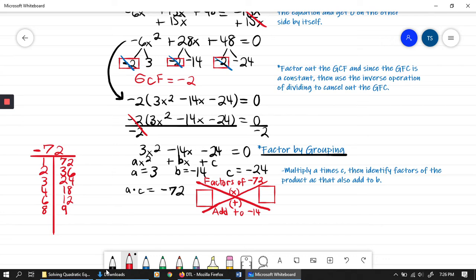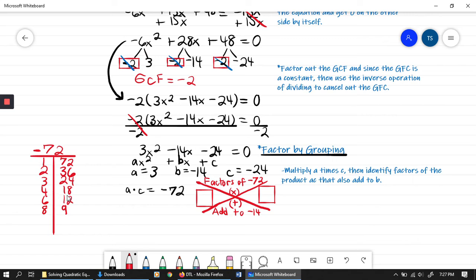So when we look at the difference between these numbers, the difference between the first pair is 71. The difference between 2 and 36 is 34. The difference between 3 and 24 is 21. The difference between 4 and 18 is 14. So we can see here that these two numbers, 4 and 18, will give us a difference of 14.